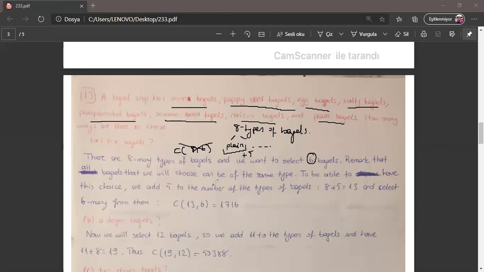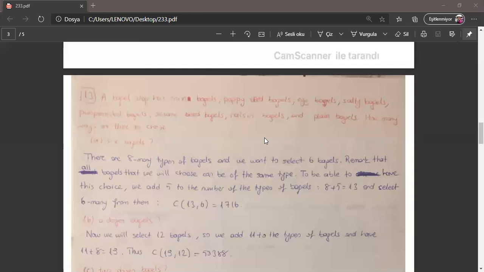So to be able to choose the same type for each bagel, we add 5. We had 8 types and we add 5, so we get 13. Now we compute 13 choose 6. I hope you understood.